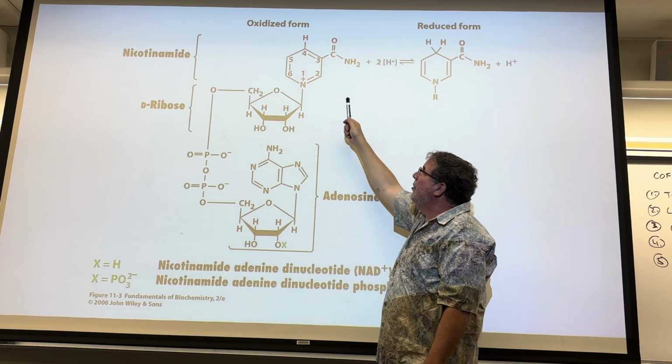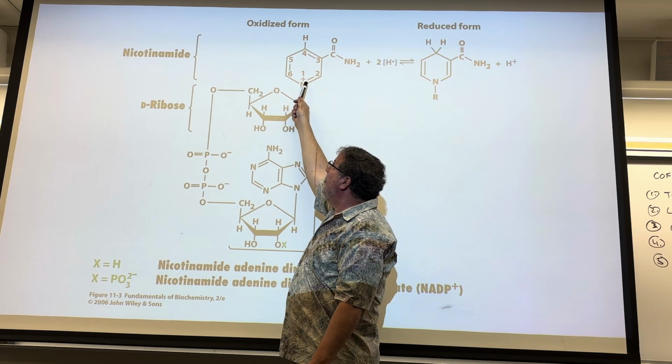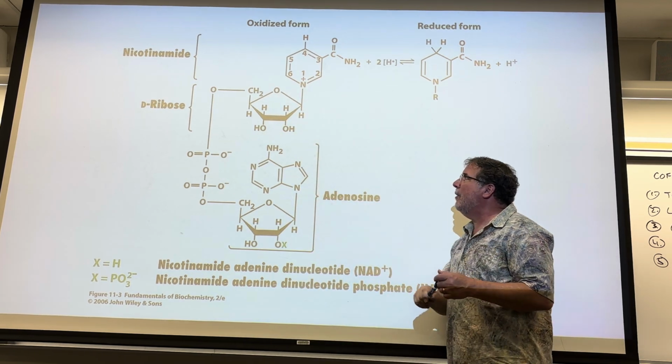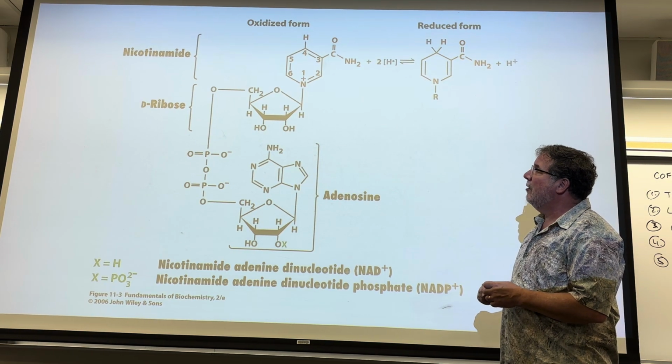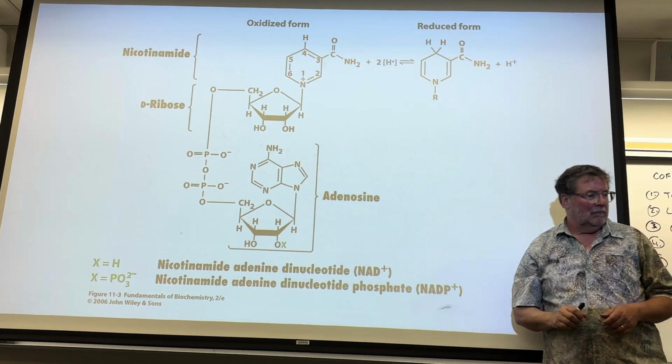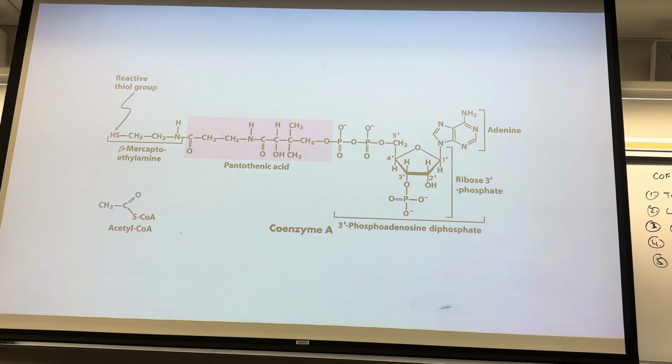Again, we get niacin in our diet to make this ring, or we can make it if we have enough tryptophan in our diet as well. Then here's the pantothenic acid and the coenzyme A. So it's pretty cool. This reaction, which is right at the gateway to oxidative metabolism, requires all these enzymes and cofactors.